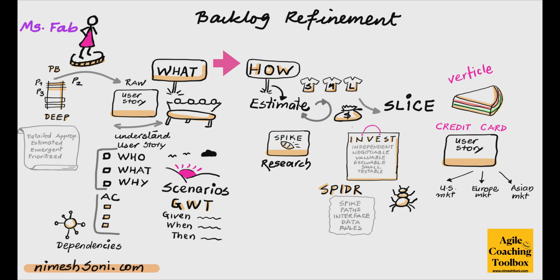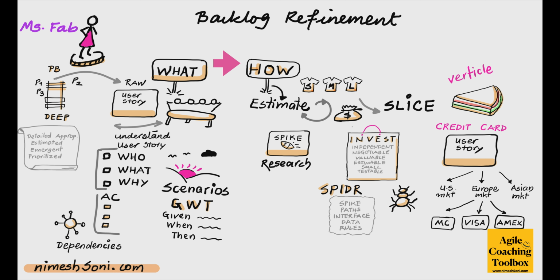Now within that also, we can say, hey, we can slice it even further, and let's say we identify 3 further slices that, hey, instead of focusing on all the credit cards, we will focus on the MasterCard first. So the functionality that delivers MasterCard functionality in the US market first. This is a good example of that vertical slicing.